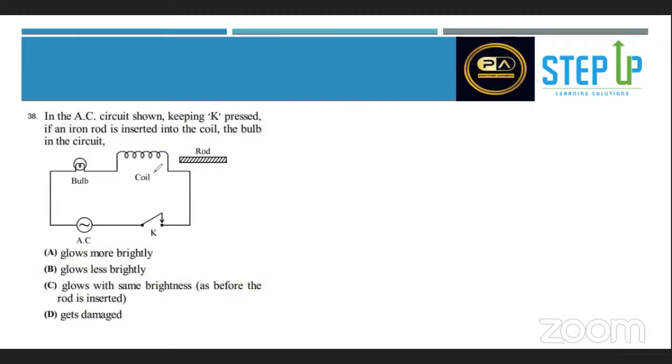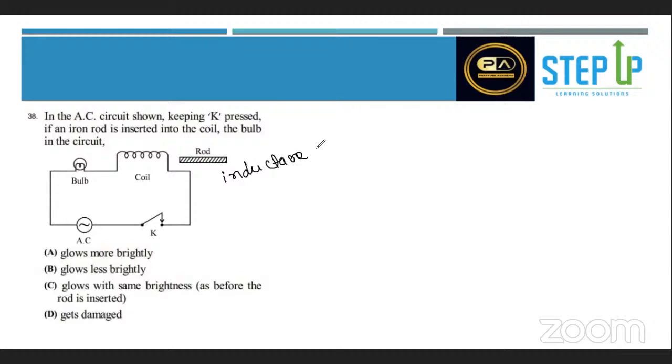A simple thing: when you are trying to insert a rod, let it be anything. Because you have a coil, I can say that the inductance increases, because you're putting a conductor inside a coil.